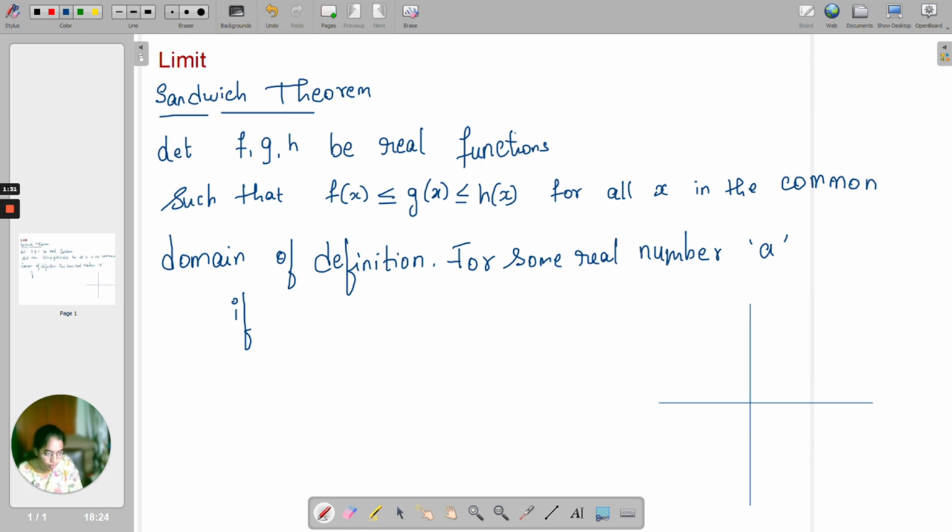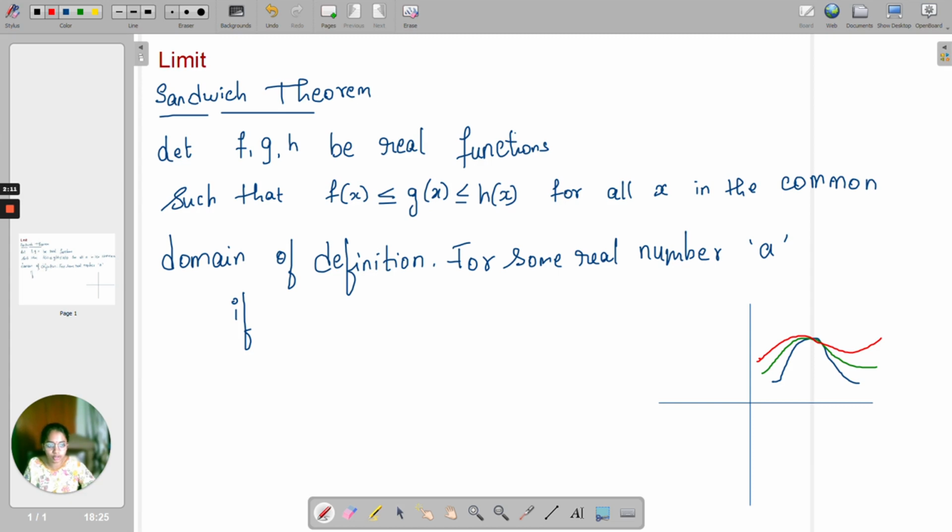So we get f of x, next g of x, and then h of x. This is what the inequality means: f of x is less than or equal to g of x less than or equal to h of x, for all x in the common domain of definition.